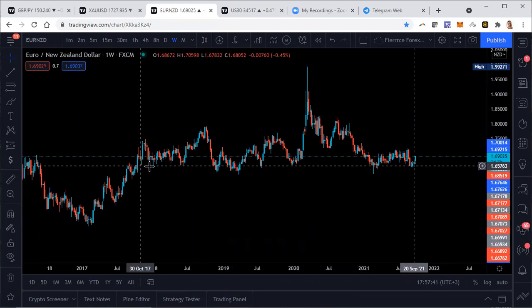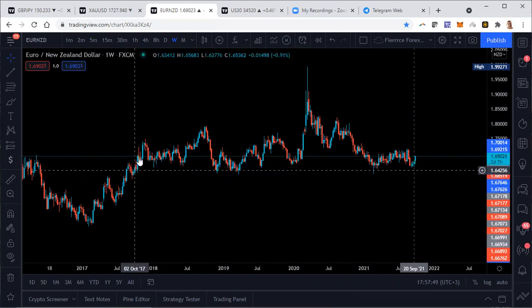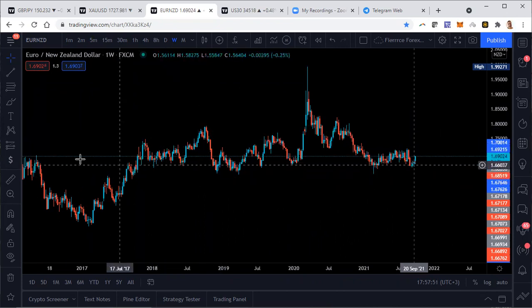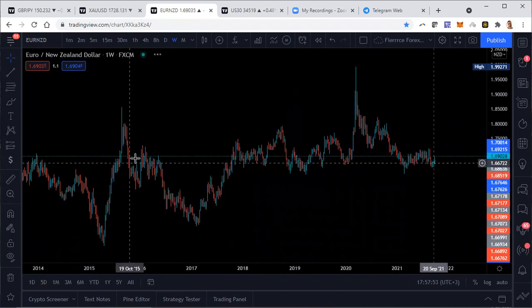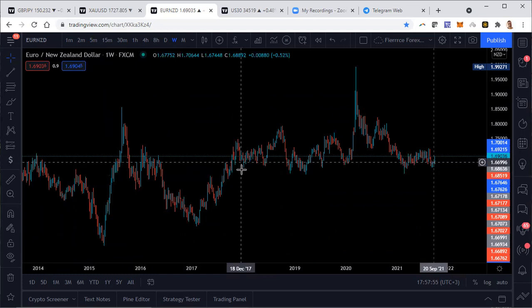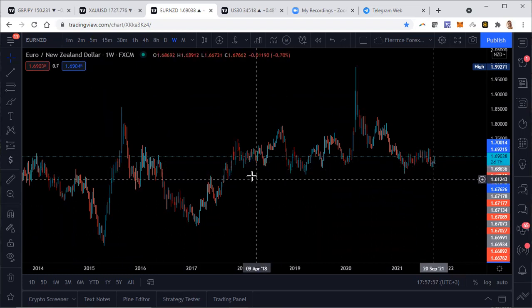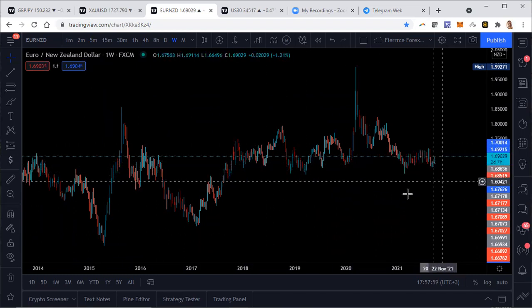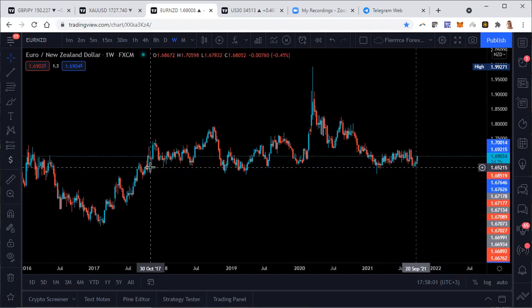Since the 16th of October 2017, this has been a key level. You can see that price keeps on coming and bouncing off this zone, which is actually a very, very strong support zone.